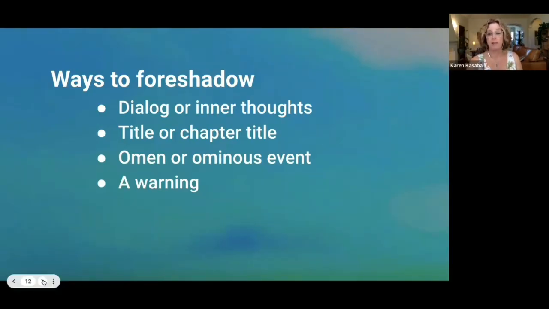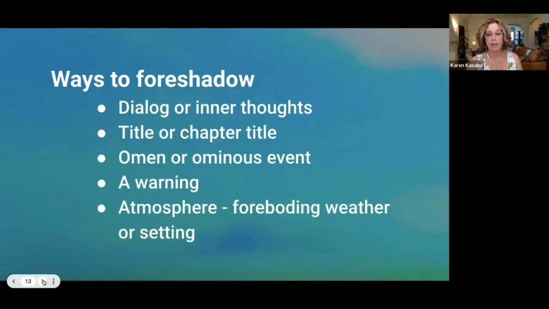And then is that warning going to come true? Is there a good reason for that warning? And again, like the omen or an ominous event, the atmosphere can be something that is foreboding or changing, something that's going on in the setting that just sets a tone and changes the mood. Like, wow, what's going on here?